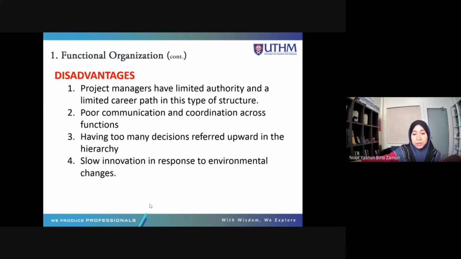So the communication and coordination between these will be very poor, because the CGS cannot proceed with their work if the faculty does not approve. So the process is very slow. I had a student last year.